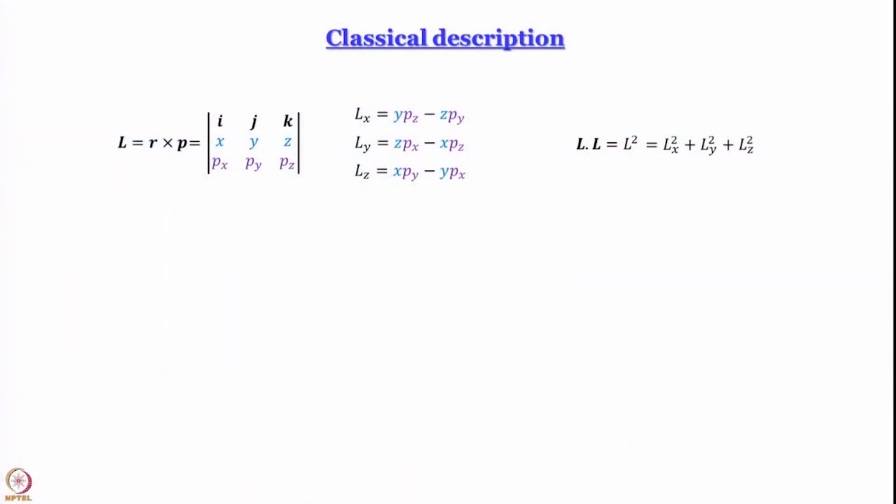So, if the angle between the two vectors is 90 degrees, then of course you are going to get 0. Okay. So, that is how we get Lx square plus Ly square plus Lz square. It is important to understand that this is a scalar quantity, not a vector quantity, and Lx, Ly, Lz are the components of angular momentum, which itself is a vector quantity. So, this is the classical description of angular momentum.